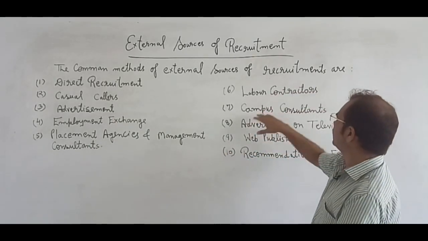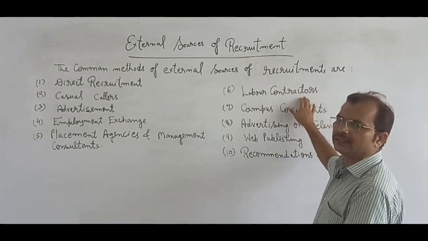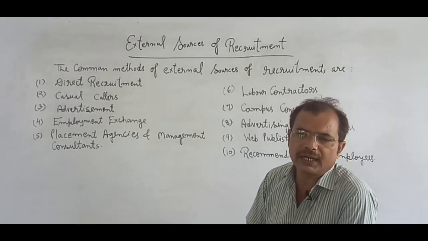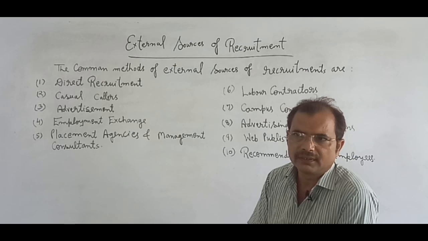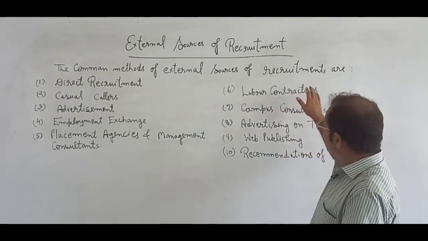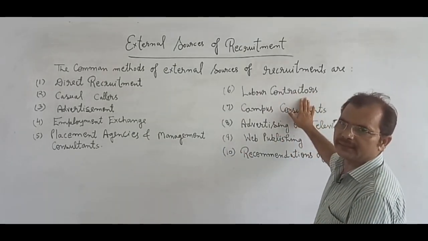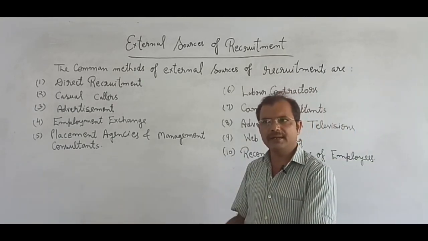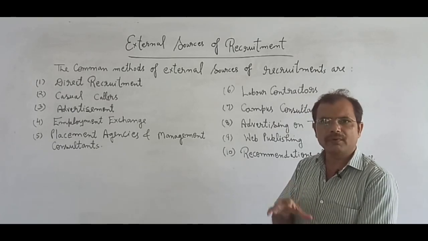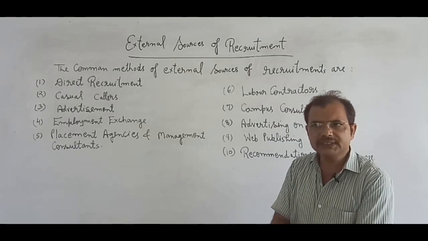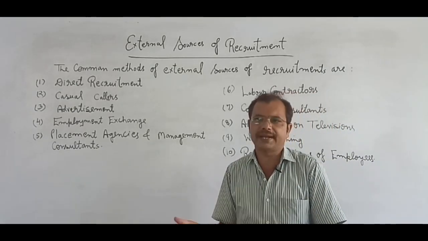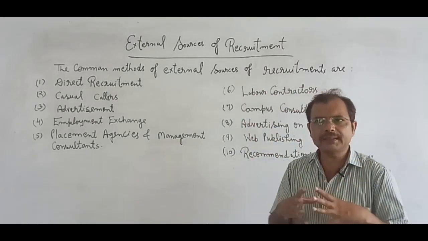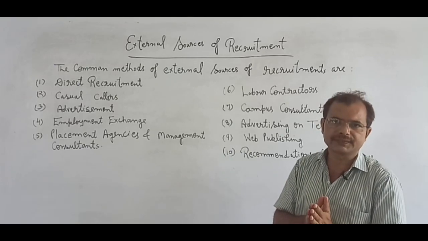Now we will see the labor contractors. Labor contractors have a direct link to the unskilled laborers, and they also have contact with the organization. Labor contractors are important because they can provide the organization labor instantly, very quickly, because they are all the time connected with the laborers.